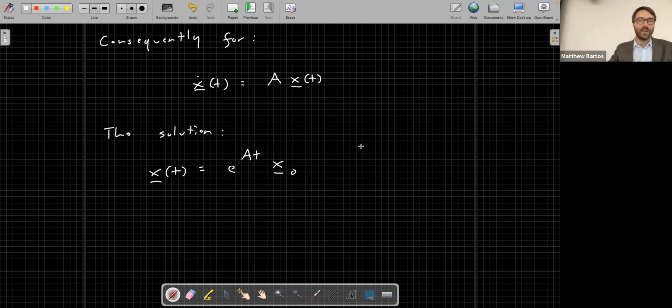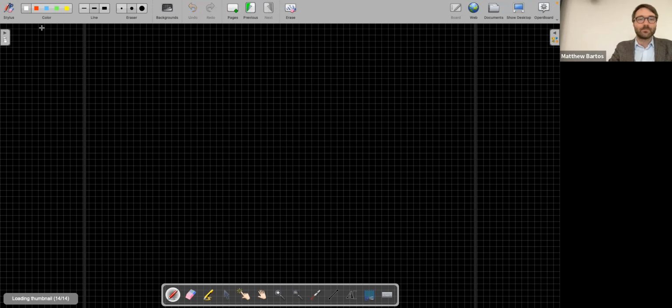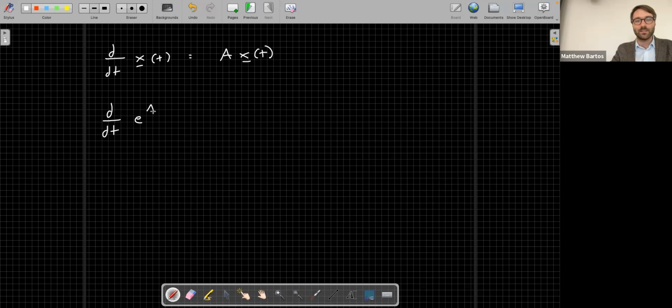Okay, and we can go ahead and show that. Let's say we have our expression d by dt of x of t is equal to a times x of t. We can substitute in our matrix exponential, so we have d by dt of e to the at x naught is equal to a times e to the at x naught.